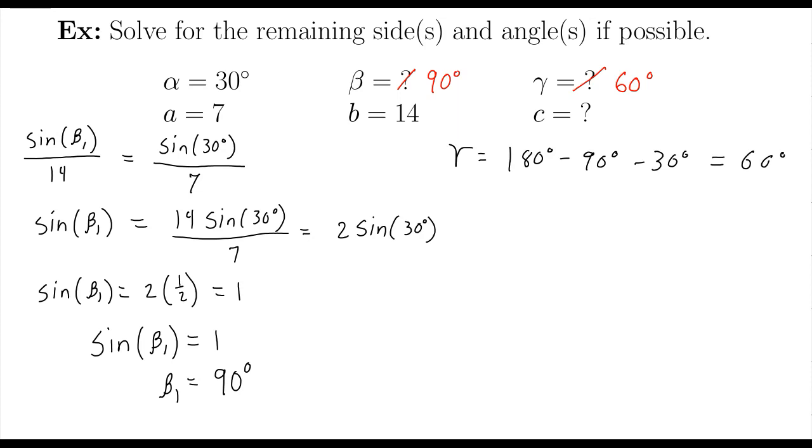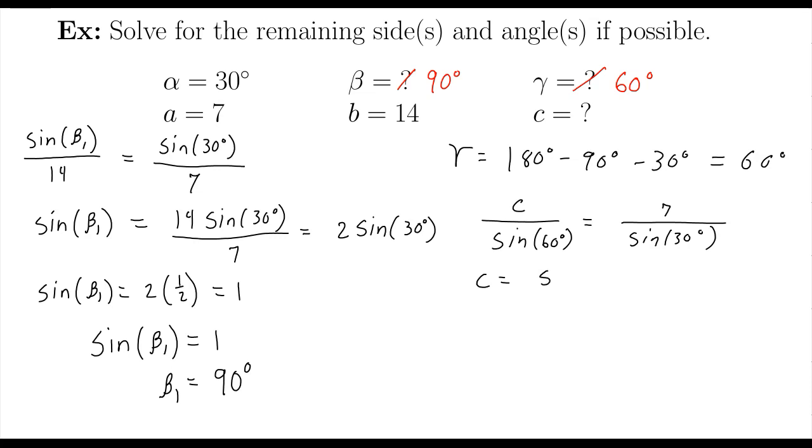Side C. Okay, so C over sine of 60 degrees is equal to 7 over sine of 30 degrees. Okay, and now let's go ahead and multiply both sides by sine of 60. And we know that sine of 60 degrees is the square root of 3 over 2.